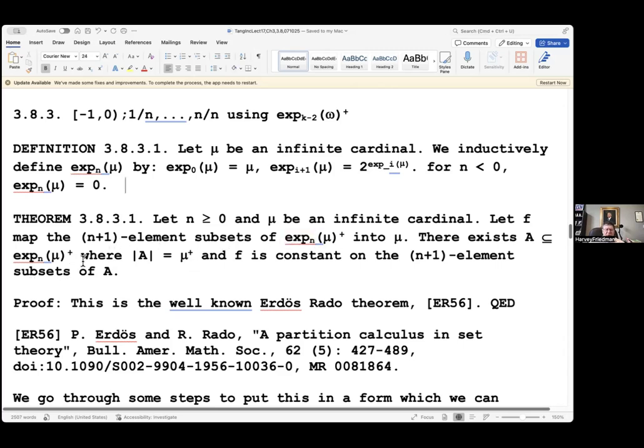Then I can find a homogeneous set of cardinality mu plus. Now this was proved first by Erdős-Rado in 1956.